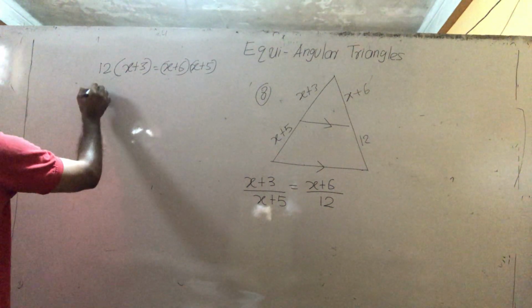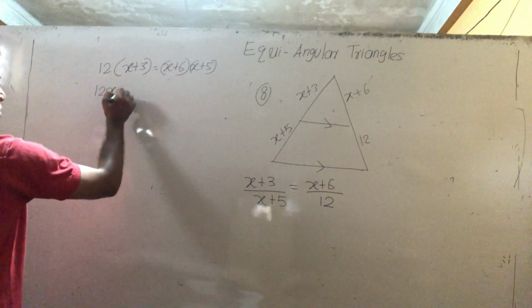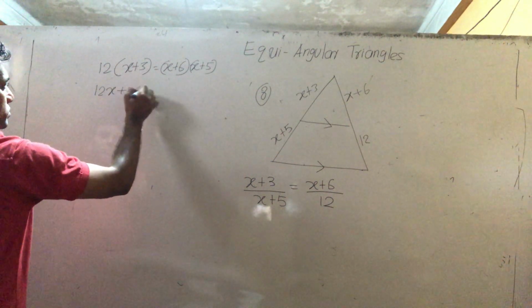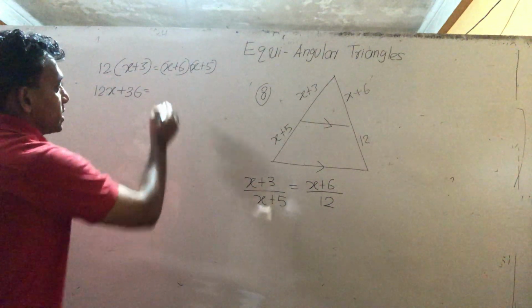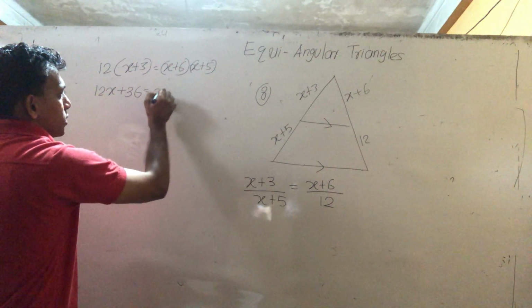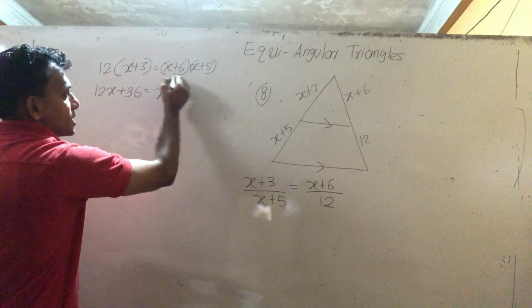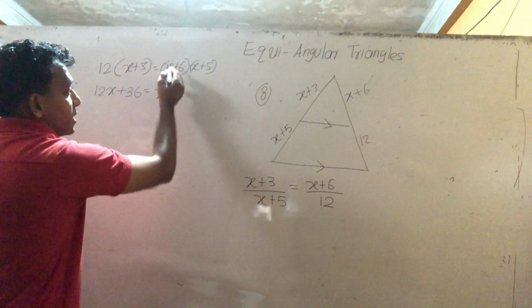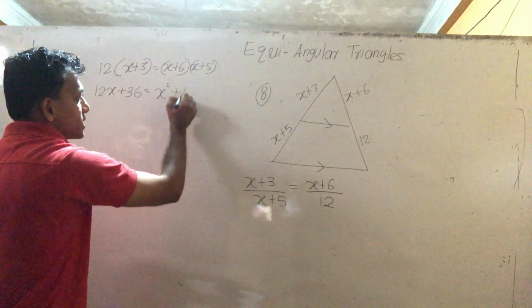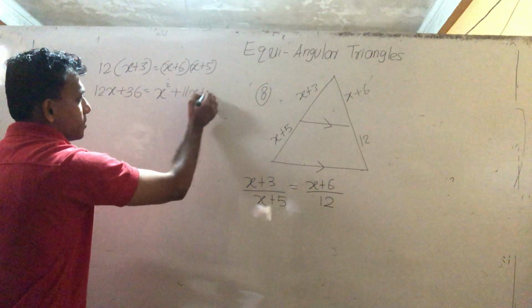So 12x plus 36. Multiply the two brackets: x into x is x square, x into 5x, and 6x, therefore 11x, plus 30.